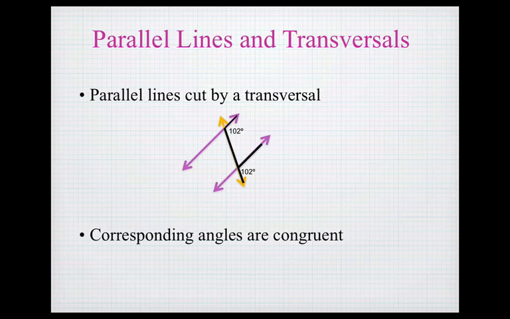An easy way to find corresponding angles is to form an F from the transversal and the two parallel lines. Look for angles that are in the same relative place in relation to the lines and the transversal. Draw the F and those two corresponding angles on your handout.